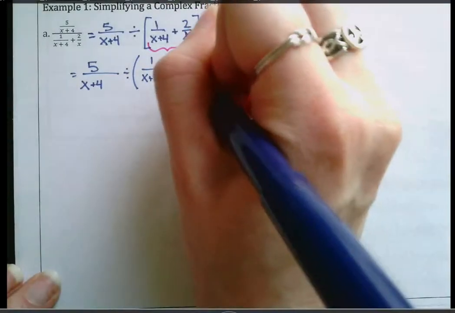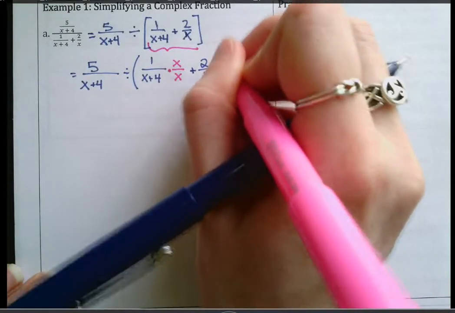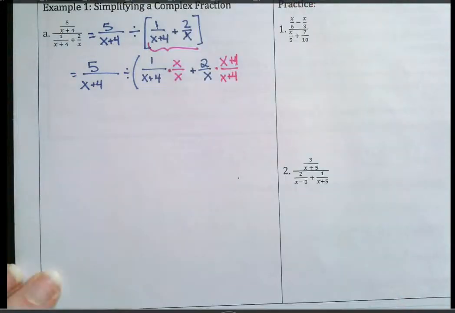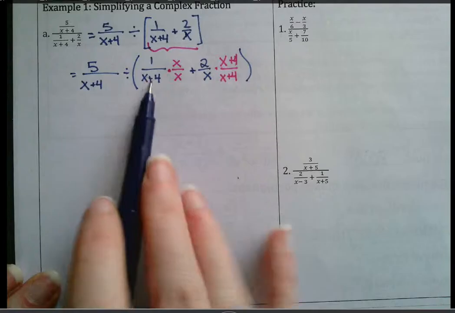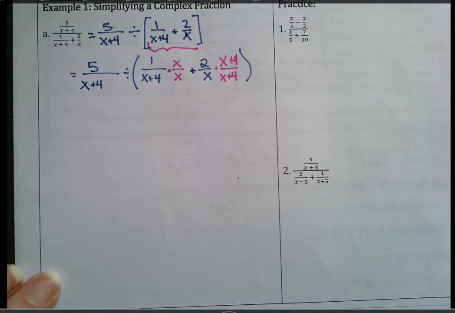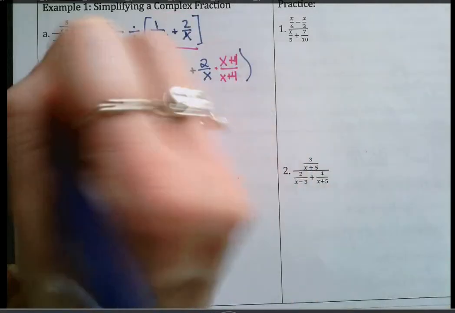And I'm going to have plus the 2 over x, and I'm going to multiply that by the x plus 4 over x plus 4. So what that's doing is getting me matching denominators. And I'm not going to expand those denominators yet. I'm going to keep them how they are.